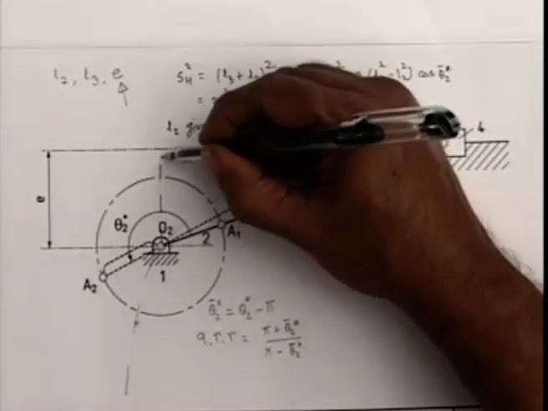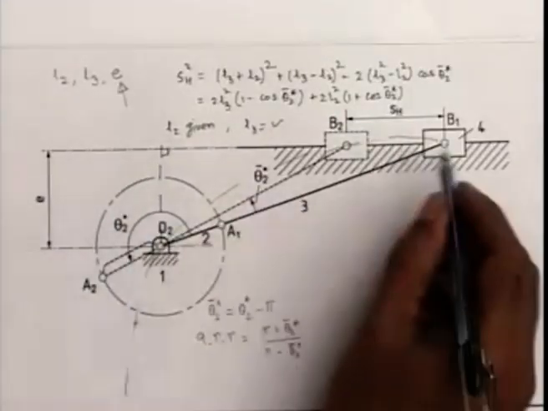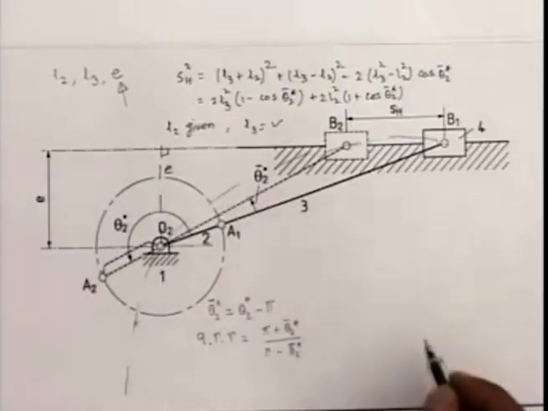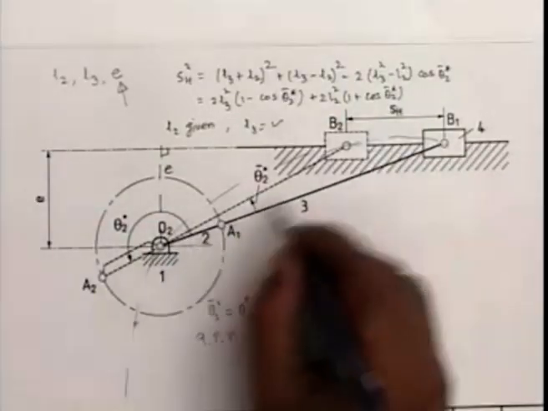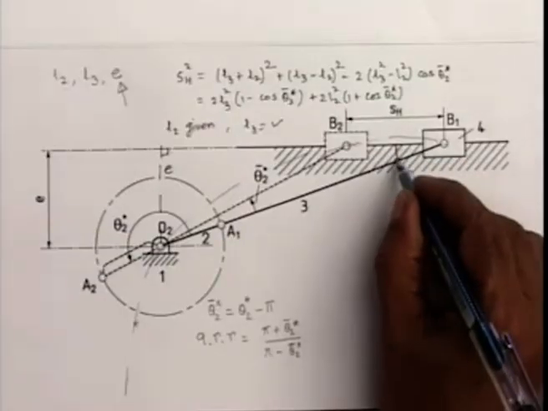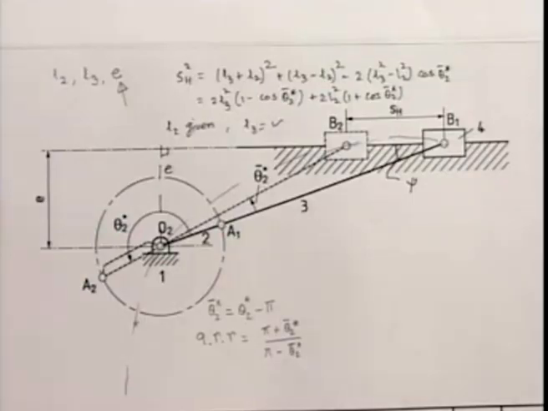For that, I draw this perpendicular from O2 to the line of B1 B2, which is the offset E. Again, I apply the sine law in this triangle to determine this angle. Let me call it psi. So what we get?